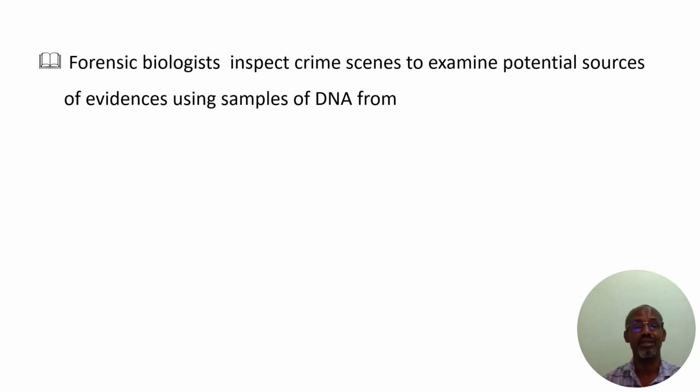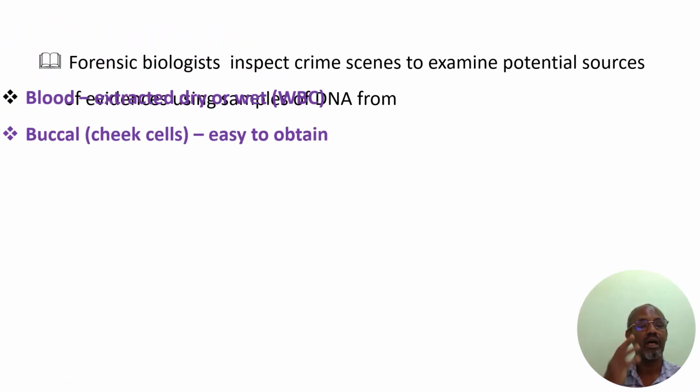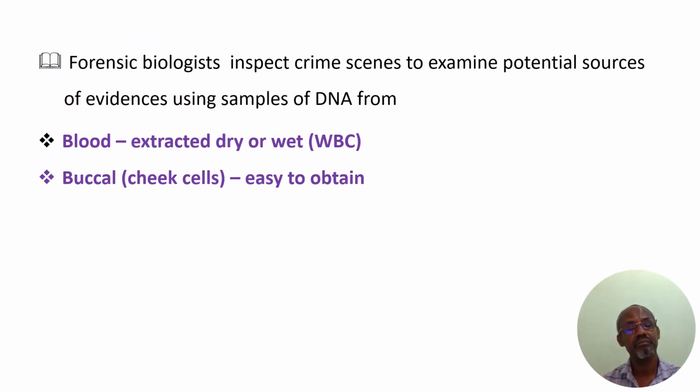Forensic biologists inspect crime scenes. They go and study the crime scenes and take samples from the crime scene. They inspect crime scenes to examine potential sources of evidence using samples of DNA from, say, blood, extracted dry or wet blood.